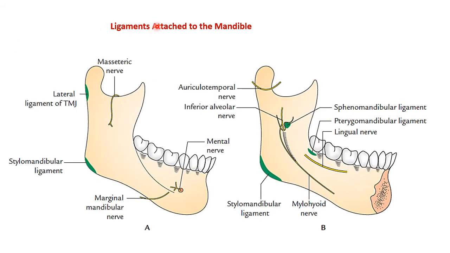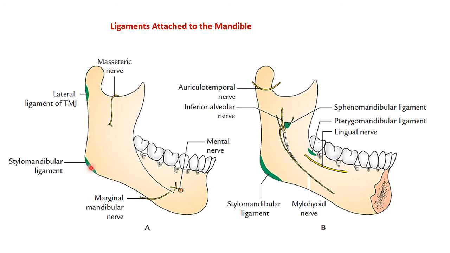Now we will discuss the ligaments attached to the mandible. The lateral ligament of the temporomandibular joint, also called the temporomandibular ligament, is attached to the lateral aspect of the neck of the mandible. The angle of the mandible is the place where the ramus of the mandible joins the body of the mandible.